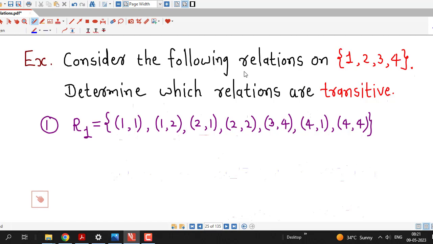We have taken some relations on this set having 4 elements 1, 2, 3, 4, and we have to check whether they are transitive or not. The first relation is denoted by R1.